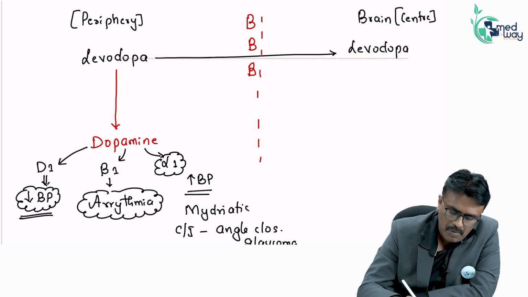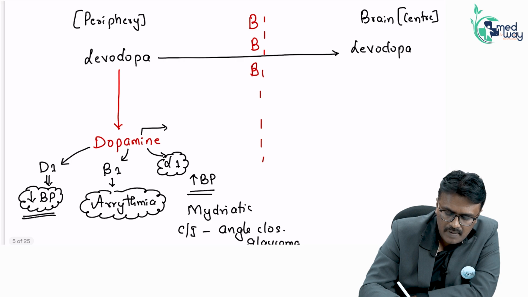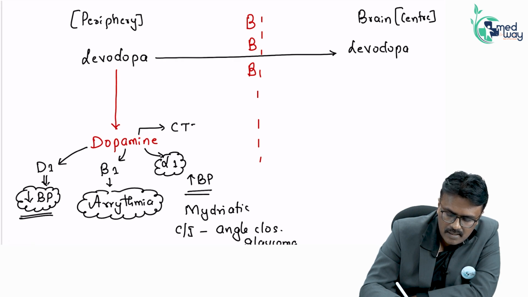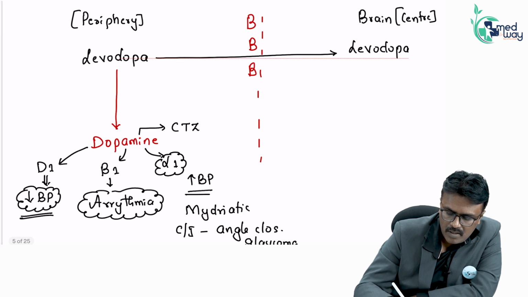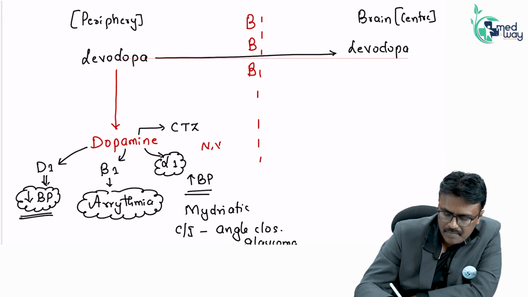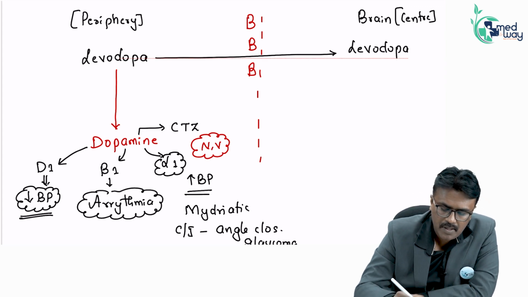Now remember, however much you give, dopamine can activate the receptor in the CTZ, the chemoreceptor trigger zone, and the patient will develop nausea and vomiting. At all doses, the CTZ can be stimulated by dopamine.